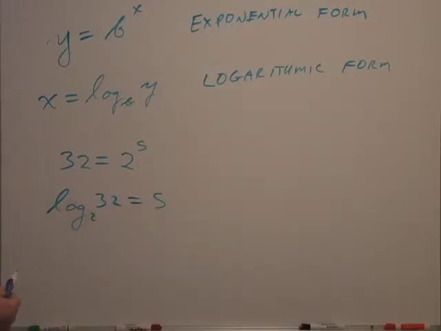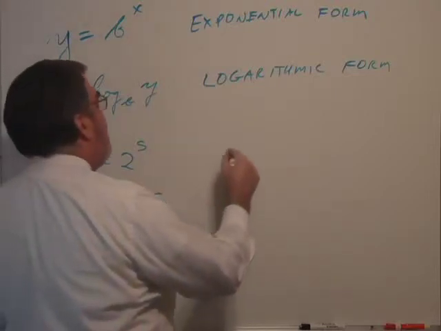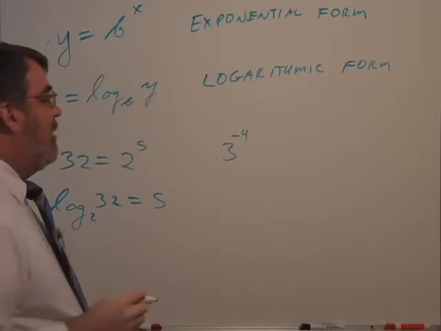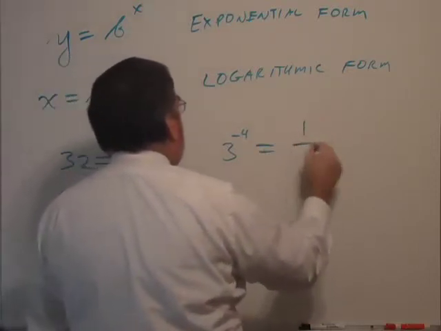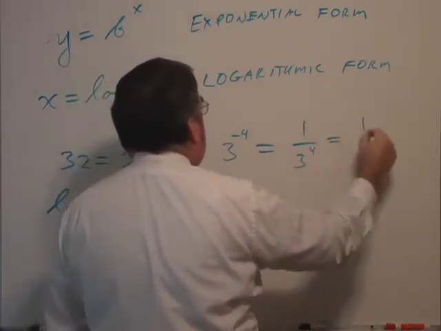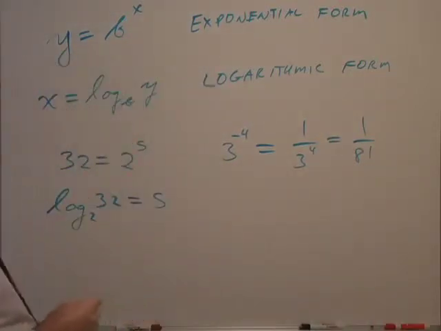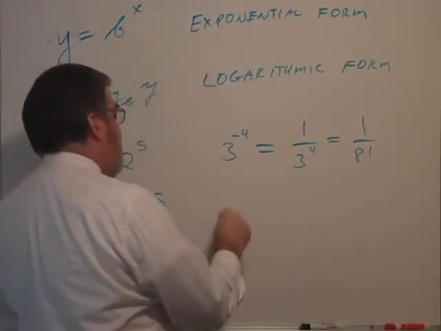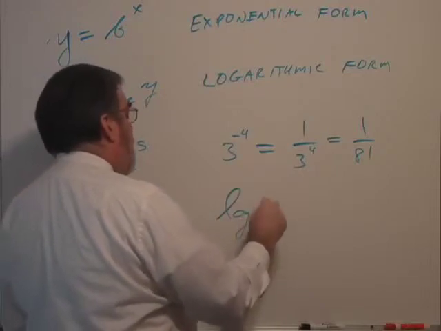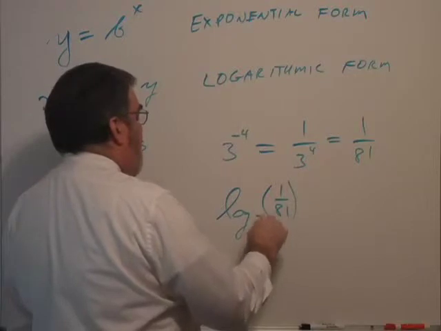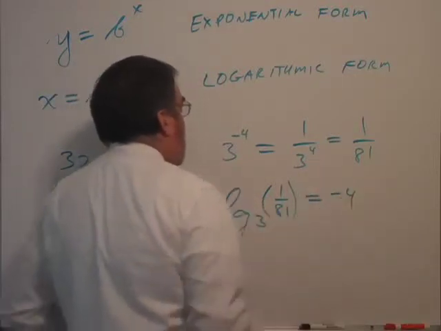Here's another example. 3 to the negative 4th power is 1 over 3 to the 4th, or 1 over 81. To write this in logarithmic form, this would be the log of 1 over 81 base 3 equals negative 4.